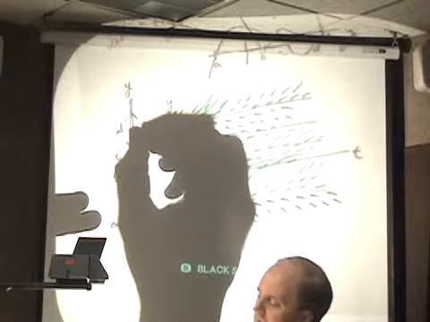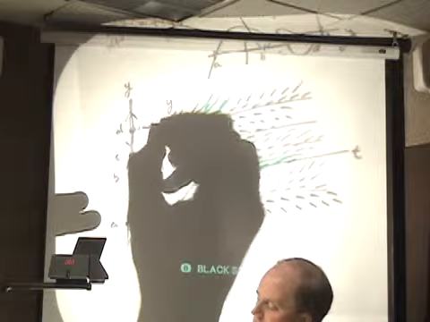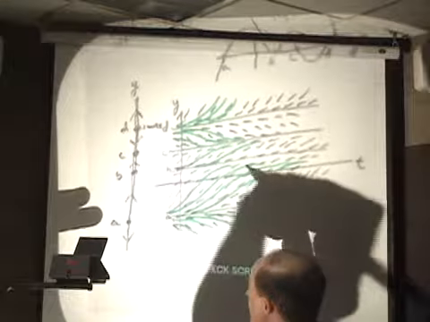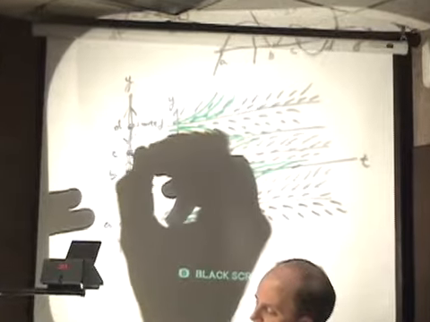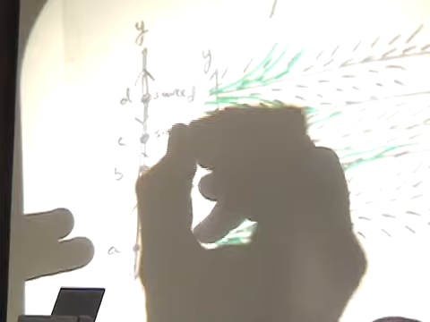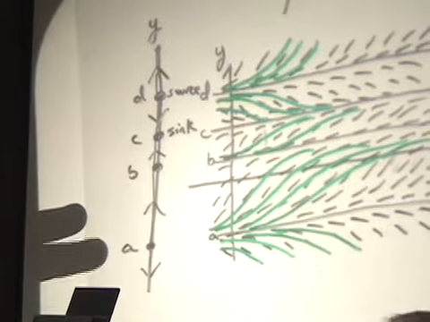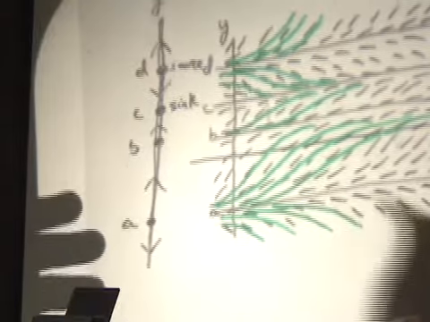If nearby points move away from the equilibrium point, we call it a source, which is what I'm trying to write there if you can't quite see the word. If nearby points move toward the equilibrium point, like they do with C here, we call it a sink. So D is a source, C is a sink.